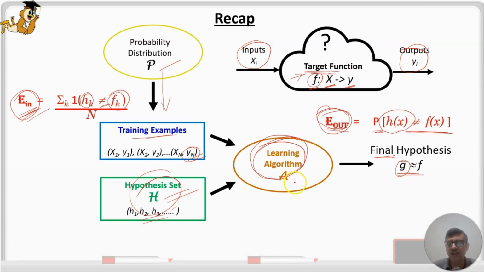That would be our final hypothesis. The final hypothesis G is the one that minimizes Eout, and the job of the learning algorithm is to determine this G from the hypothesis set H. So this is the framework that we have been dealing with.